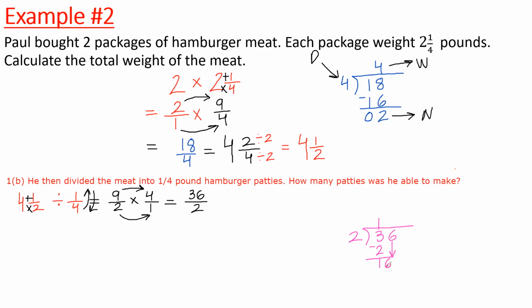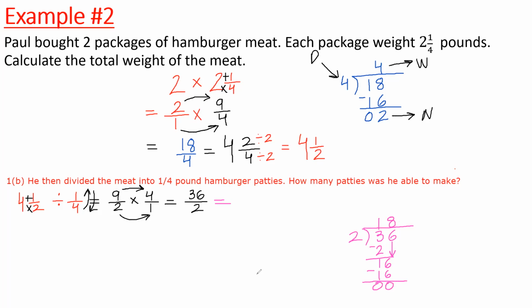How many times does 2 go into 16? 8 times. So 2 times 8 is 16. And 16 minus 16 is going to be what? 0.